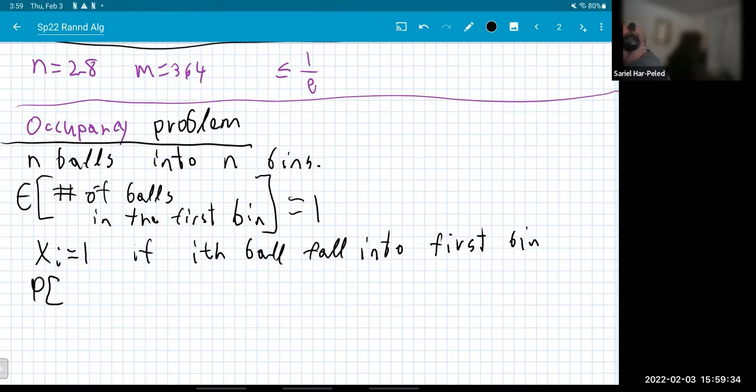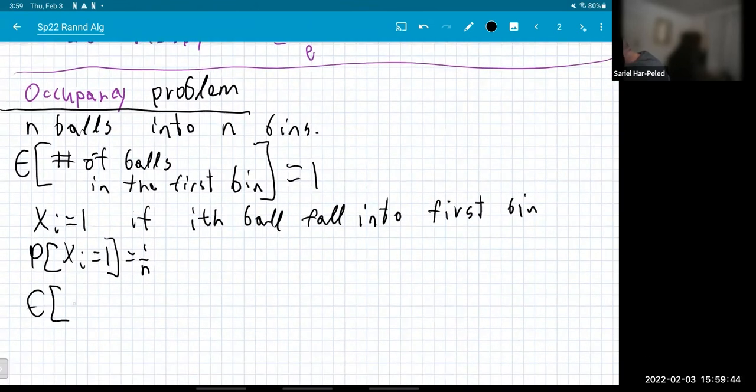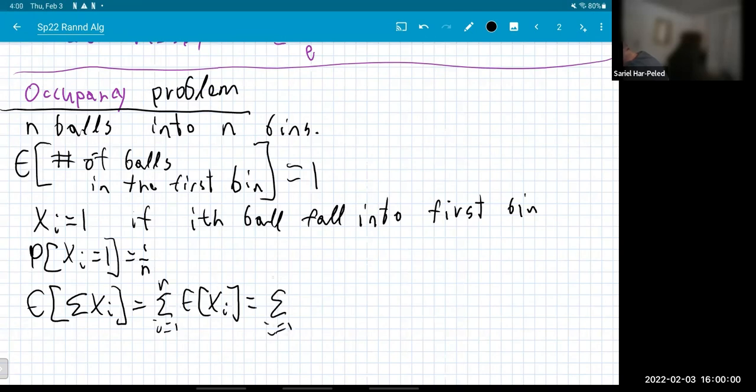Since there are n bins, the probability of x_i being 1 is of course 1 over n. The expected number of balls in the first bin is just the sum of the x_i, and by linearity of expectation, the expectation of x_i is 1 over n, so the total is 1. This is just in case you wanted the formal argument.